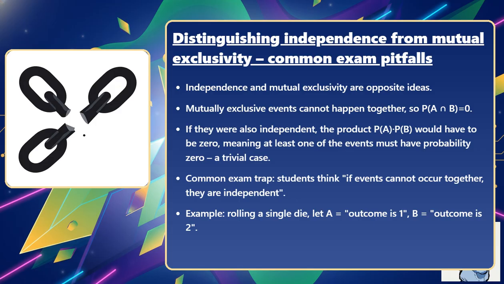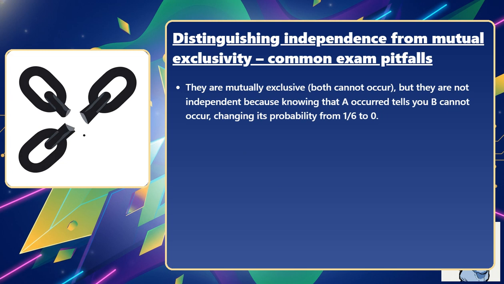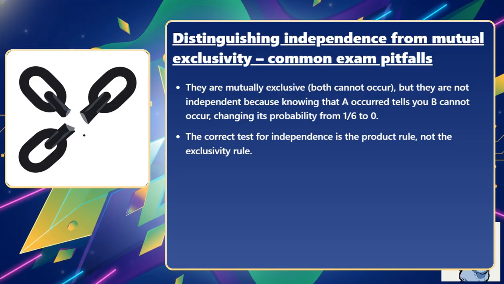Example, rolling a single die, let A equal outcome is 1, B equal outcome is 2. They are mutually exclusive, both cannot occur, but they are not independent because knowing that A occurred tells you B cannot occur, changing its probability from 1/6 to 0. The correct test for independence is the product rule, not the exclusivity rule.